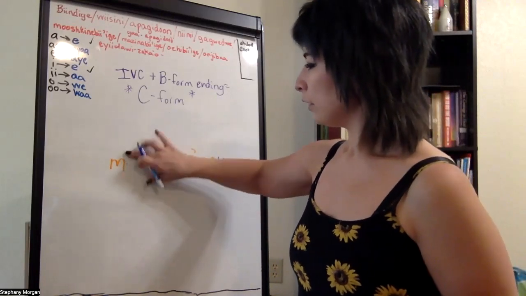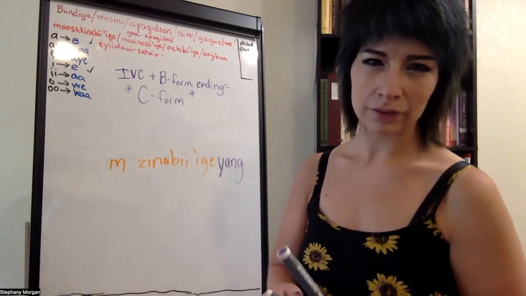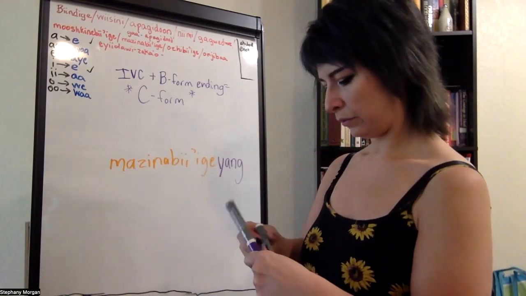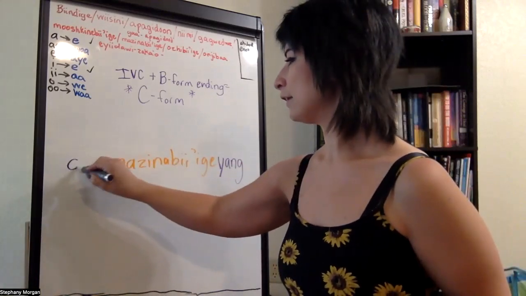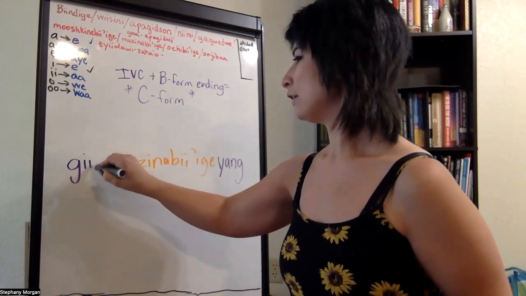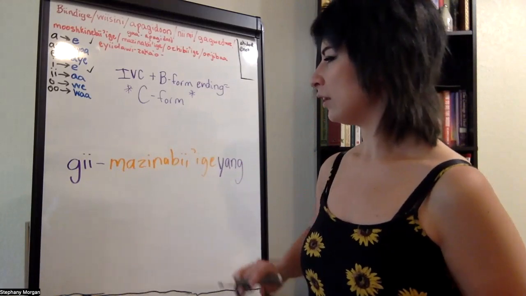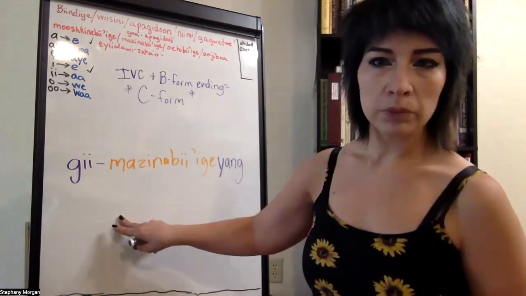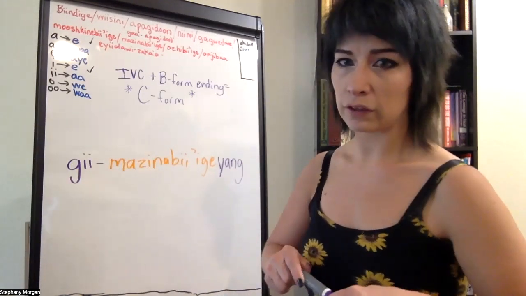Now, I want to say we were the ones who were drawing. So we go back to our mazinabiege, but now we have a past tense here. Gi, past tense, gi mazinabiege young means we were drawing, but now we were the ones who were drawing.